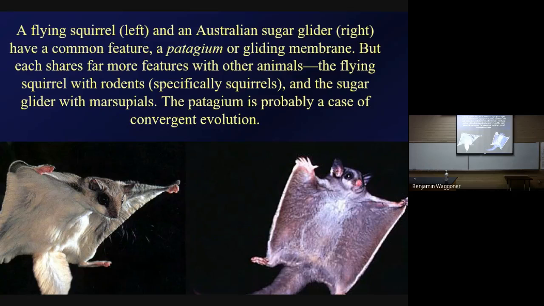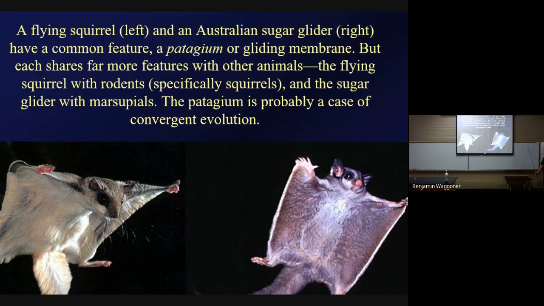So there's some convergence for you. On the left, that is a flying squirrel of the sorts that I used to have in my old neighborhood. I remember walking to school one day and one of them just kind of glided right past my nose. That was neat to see. So there they are. There's one on the left.